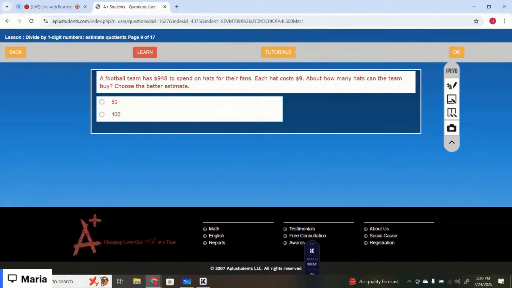A football team has $948 to spend on hats for their fans. Each hat costs $9. About how many hats can the team buy? So, which is the correct option?